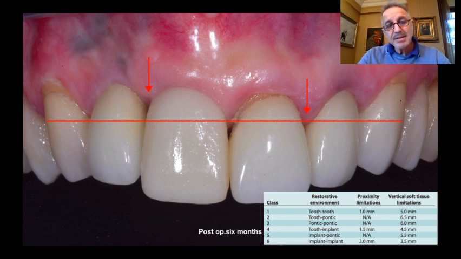So it means that from the beginning, I know that the papilla height between the two implants is not going to be the same as on the natural tooth side. So you have to discuss it with your patient in advance, otherwise it could be a big headache for you.